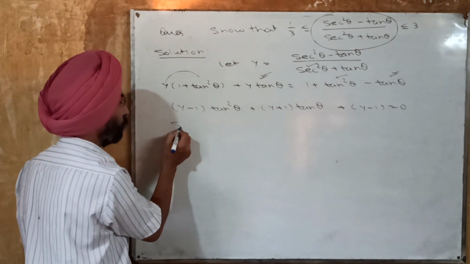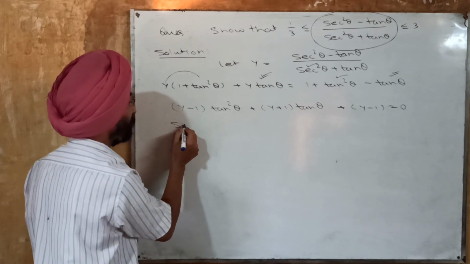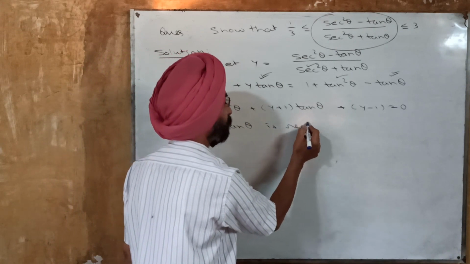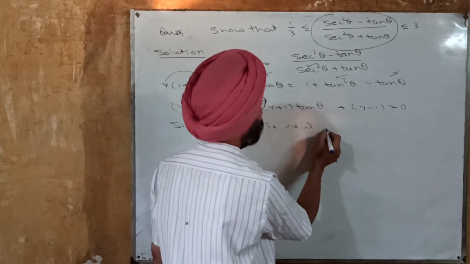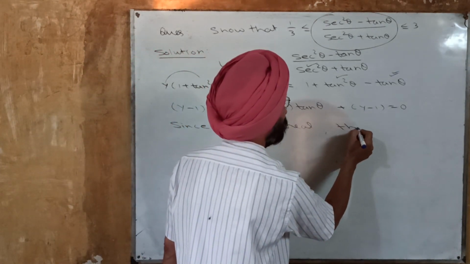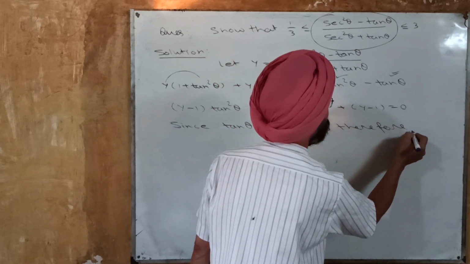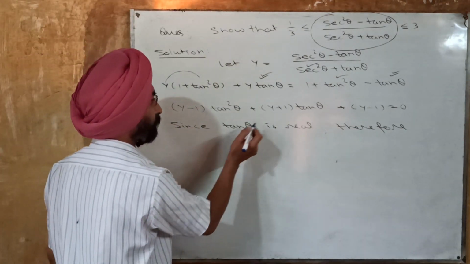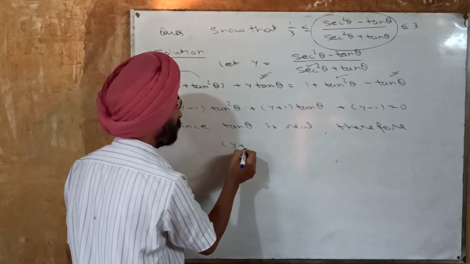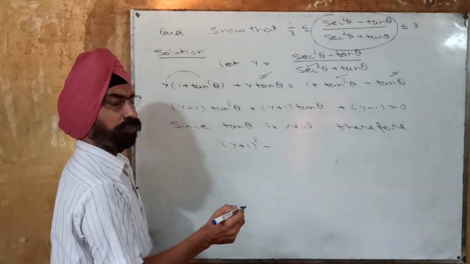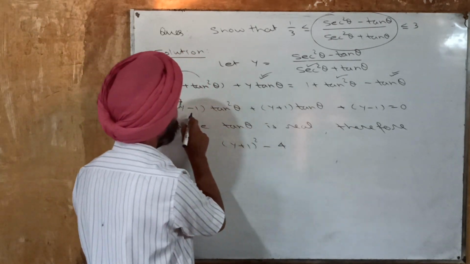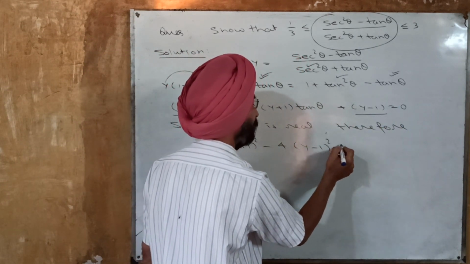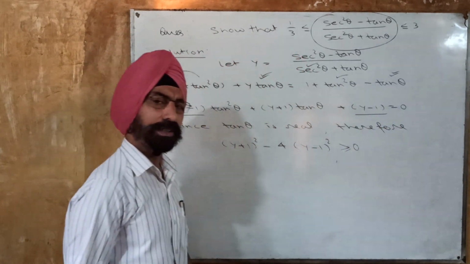So the key point now in this question: since tan theta is real, that means roots of this equation are real, therefore discriminant of this equation should be greater than or equal to 0. And what is the discriminant? It is b square, y plus 1 whole square, minus 4ac, 4 a is y minus 1, c is also y minus 1, so it is y minus 1 square, and it should be greater than or equal to 0.